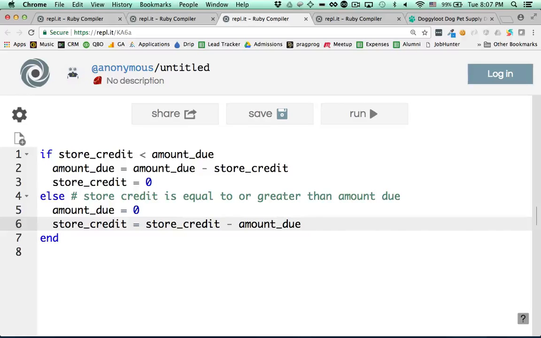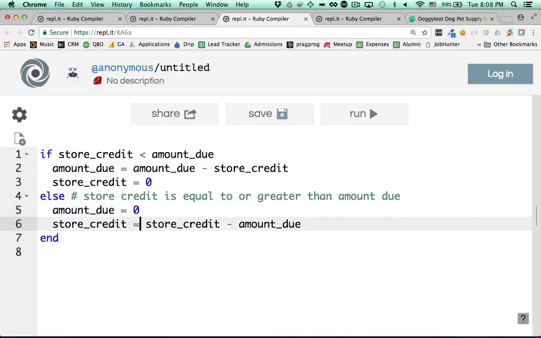So let's say, again, this else only gets triggered if the store credit is equal to or greater than the amount due, right? So imagine that someone has $1,000 of doggy loot dollars, and they're going to pay for the whole purchase. What happens? So on line 5, the amount due is $0. That's cool. That makes sense, right? They're going to pay. They don't have to pay anything on their credit card. They're going to pay for this whole thing with doggy loot dollars, right?